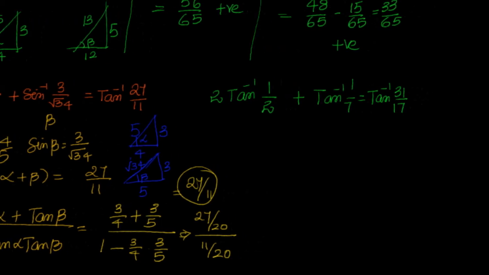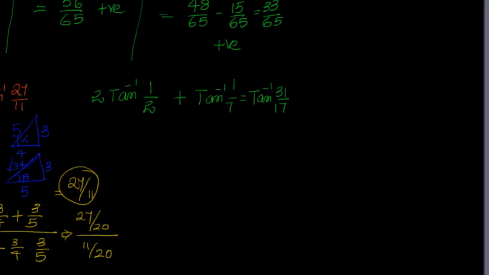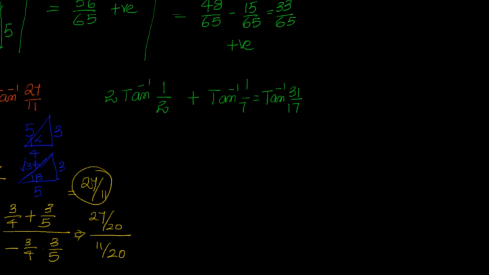Now let's go ahead to the next problem. The problem we have to solve is two tan inverse 1 by 2 plus tan inverse 1 by 7 equal to tan inverse 31 by 17.